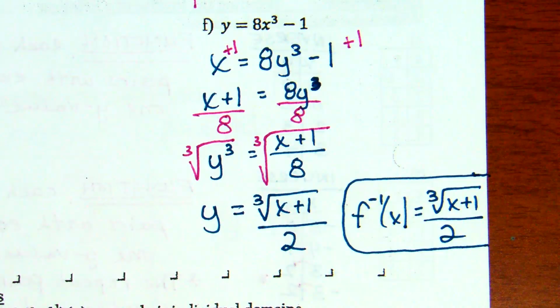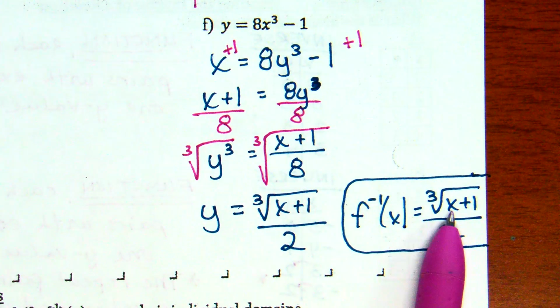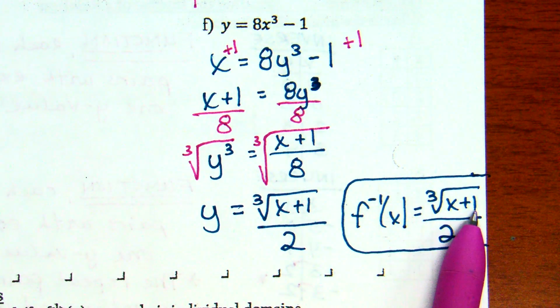The cube root of 1 is 1 over 2. Am I going to get any other answer besides 1 over 2 when I plug in 0? No. If I put in 1, 1 plus 1 is 2, cube root of 2 is some decimal, divided by 2. Am I going to get another answer than that if I plug in 1? No, I'm only going to get that one answer. If I'm only getting one output, is this a function? Yes. It is a function.